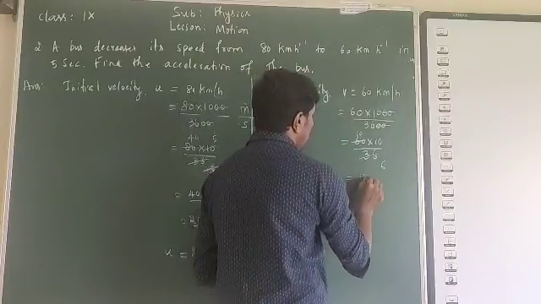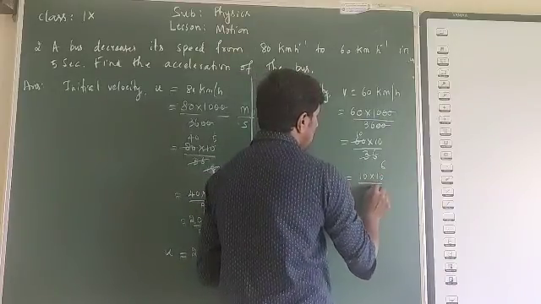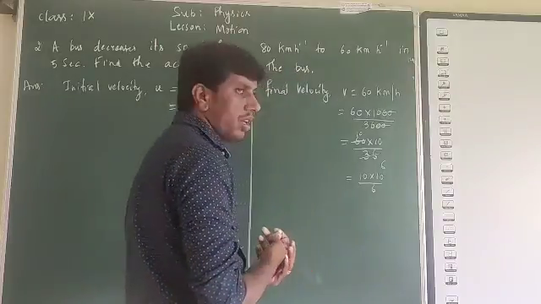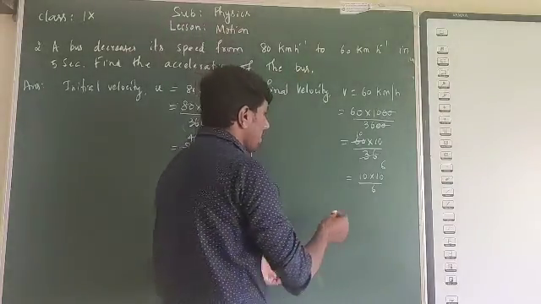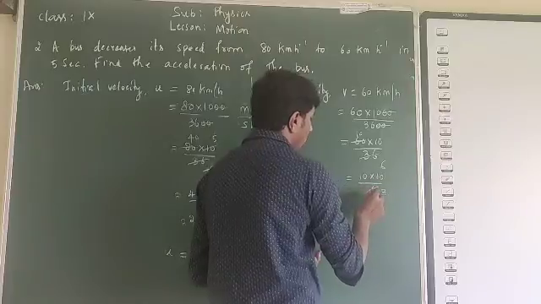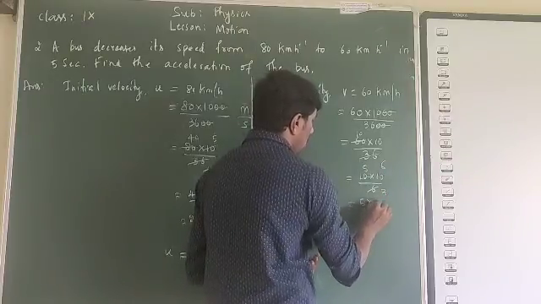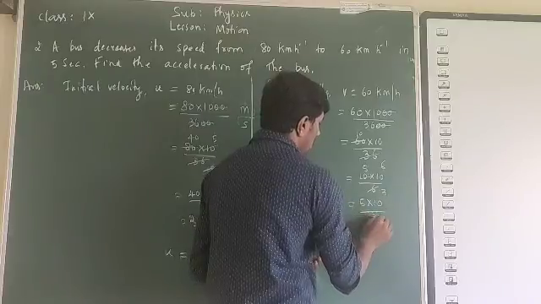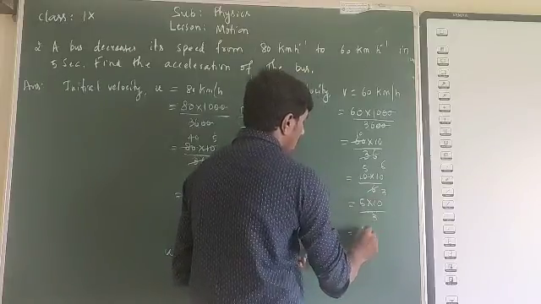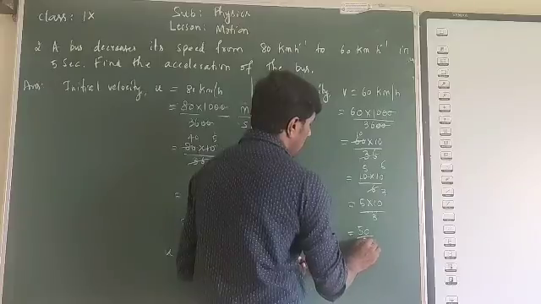So what is remaining? 10 into 10 in the numerator, 6 in the denominator. Again I can cancel. 2 3s are 6, 2 5s are 10. So 5 into 10 in the numerator, 3 in the denominator. So 5 10s are 50, 50 by 3.